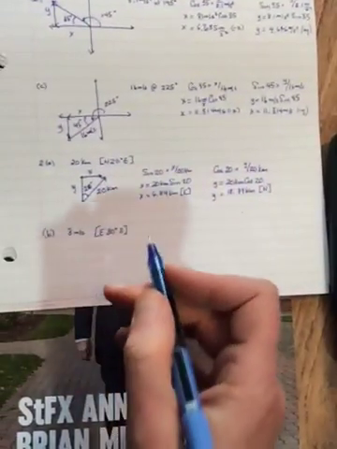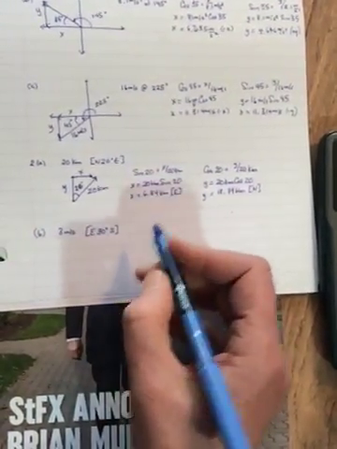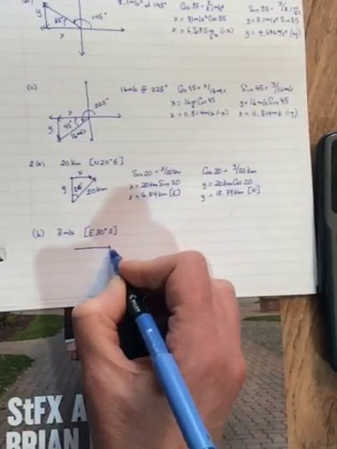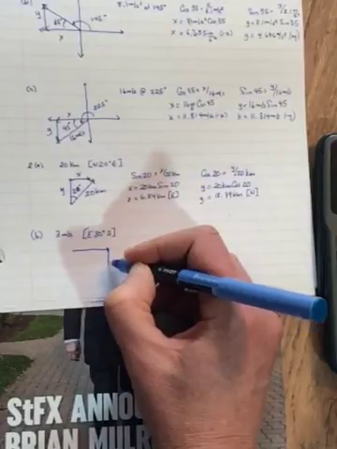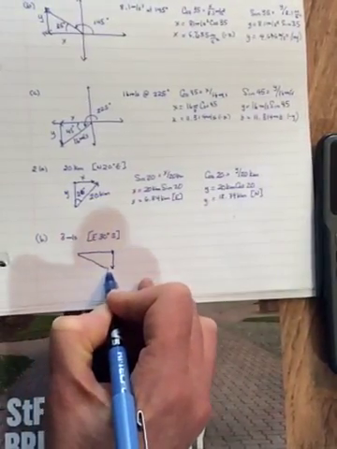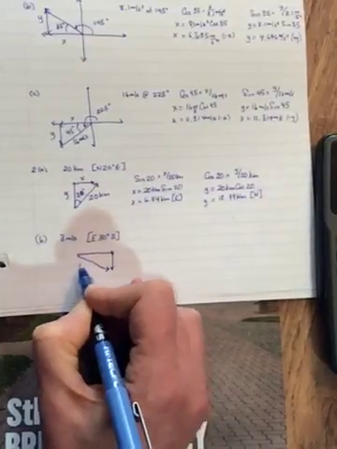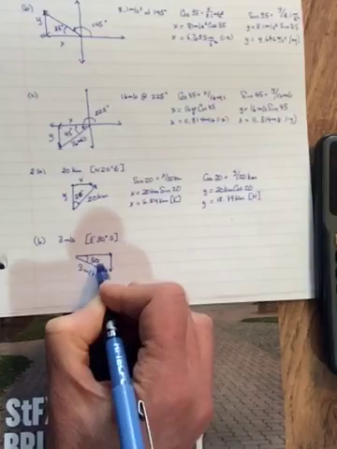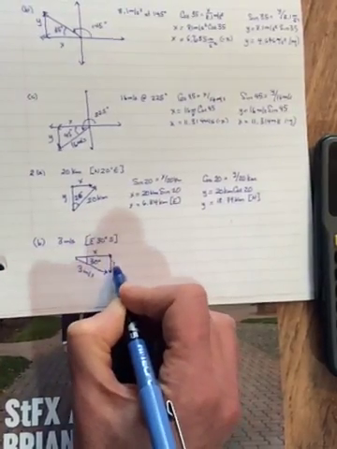For b, it's east 30 degrees south. So originally you're going east, and then you turn 30 degrees south. Here is my resultant. 3 meters per second. Here's my 30 degrees. X, y.